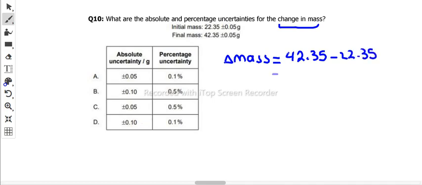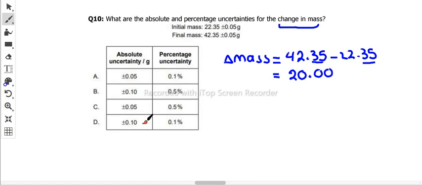The numbers given are so easy. So even if you don't have the calculator, you're going to subtract 22.35 from 42.35 and your final answer is definitely 20. If I want to take into consideration the number of decimal places, it should be 2 decimal places since I'm doing a subtraction. Now going back to the question, I'm not actually done.